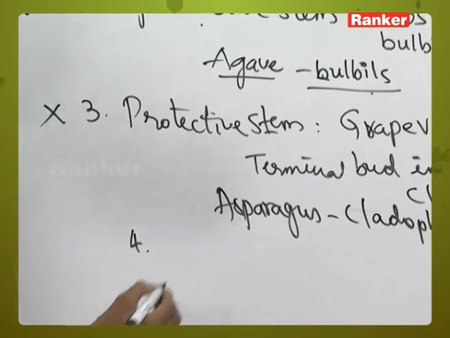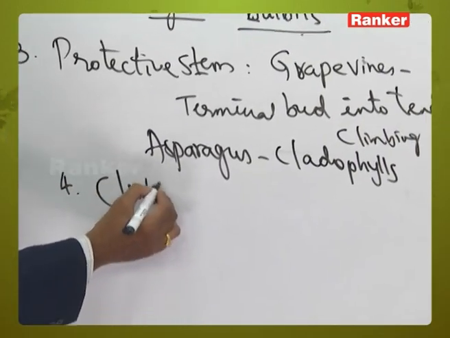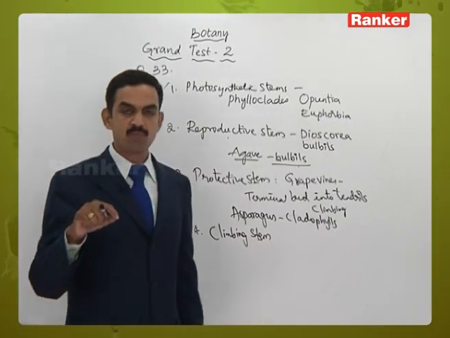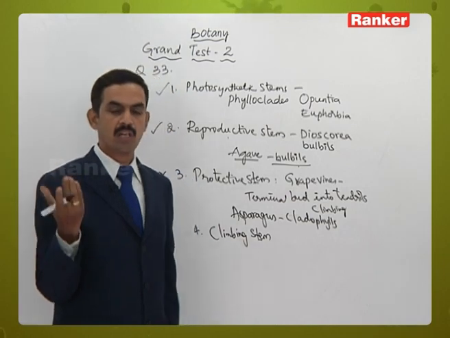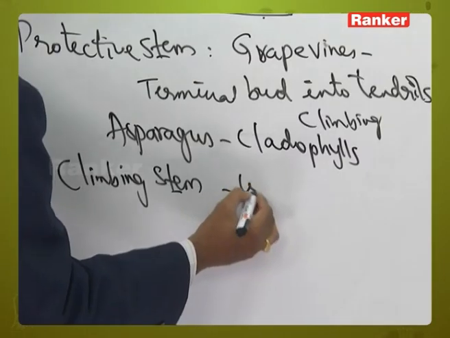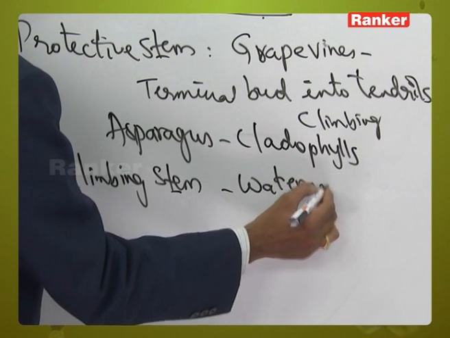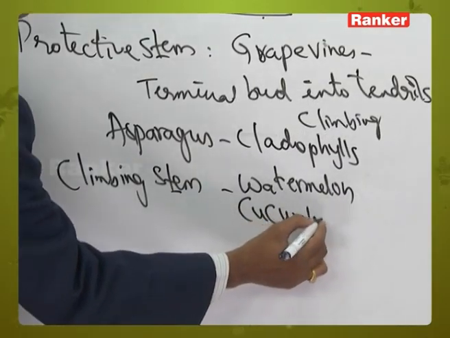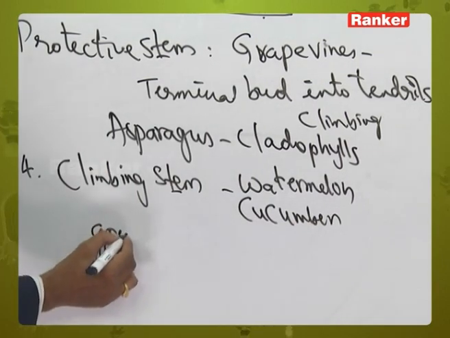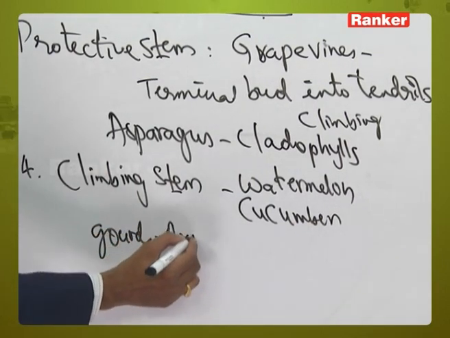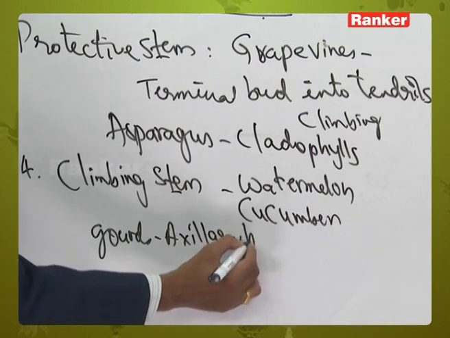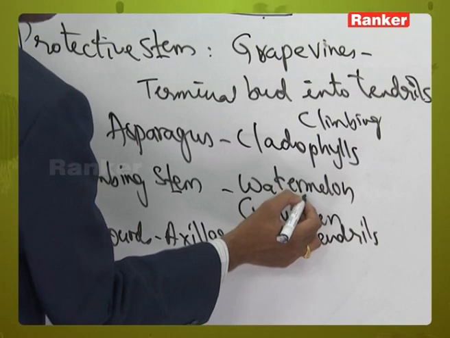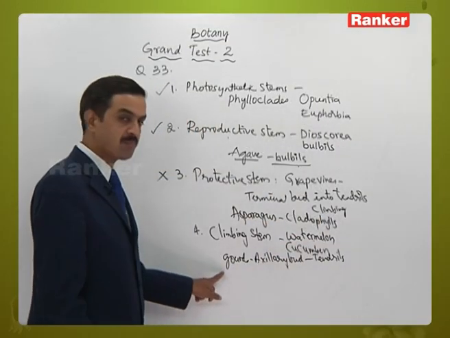Then coming to the fourth, climbing stem. Climbing stem means any part of the stem should be modified into a tendril, right? Here watermelon and cucumber come under gourds, where the axillary bud is modified into a tendril.